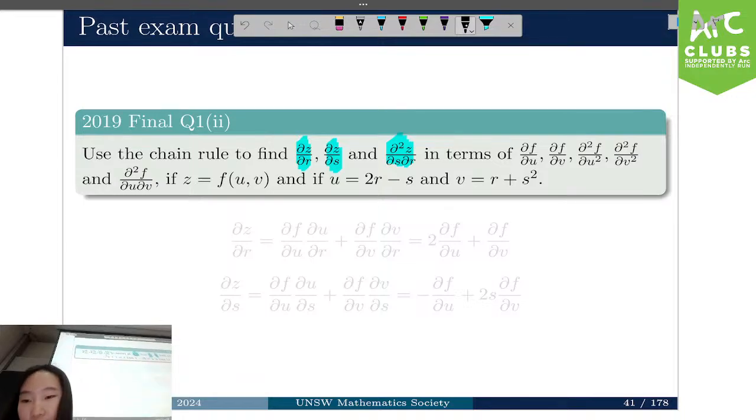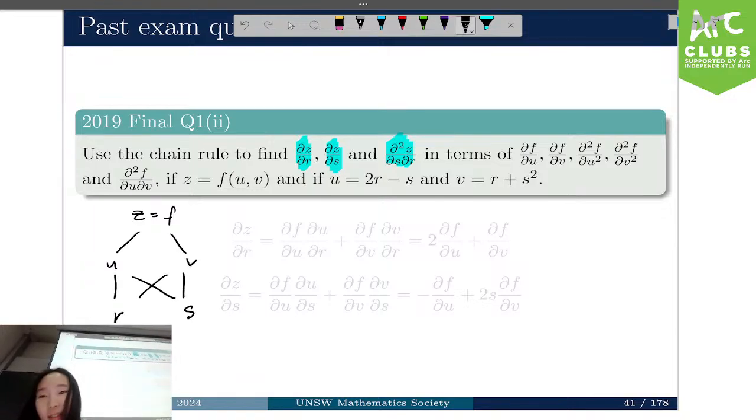So we have z, or in other words, f, depending on u and v. Wonderful. And we have r and s. u and v depend on r and s.